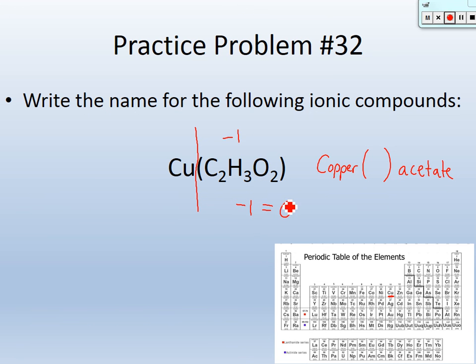If I know that it sums to 0, what does this side have to be? It has to be +1, because +1 minus 1 is 0. I only have 1 copper atom here, so what does its charge have to be? +1, because +1 times 1 is +1. So when I name it, I'm just going to name it copper 1 acetate.